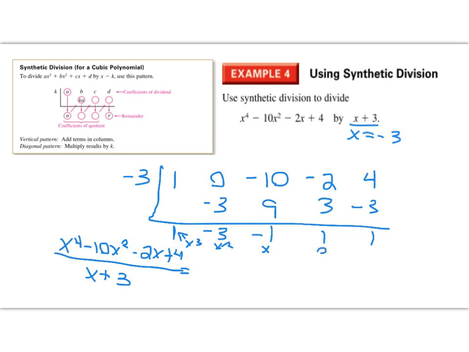So it's going to be x cubed minus 3x squared minus x plus 1 plus you have a remainder of 1 over x plus 3. So since you have a remainder, that means that it is not a 0 of your function.